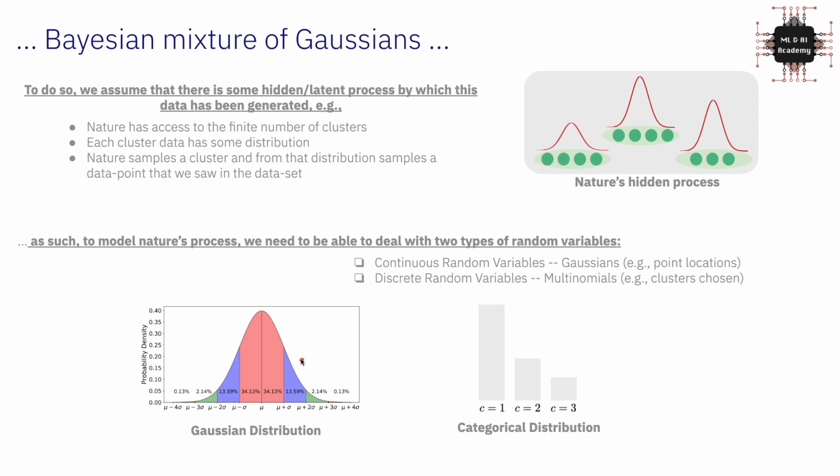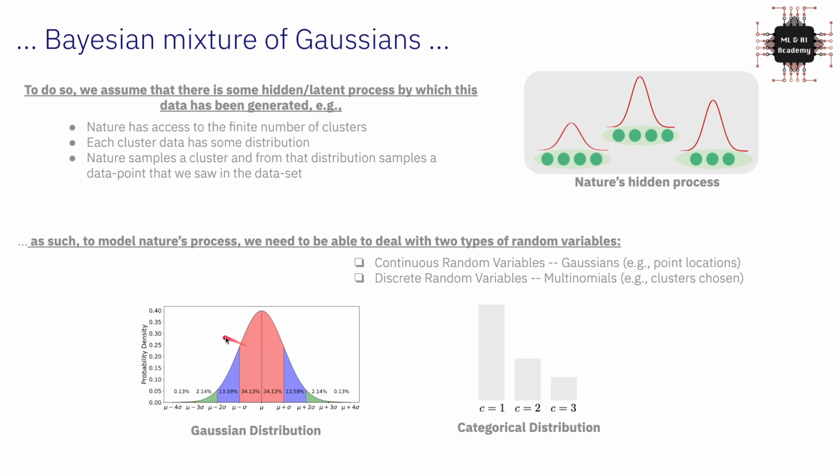So now we have to be able to deal with these two. We have a continuous random variable conveying the exact position of the point, and a discrete random variable conveying the choice of the cluster. Because they're random variables and we want to deal with distributions, we're going to assume some distributions over them.